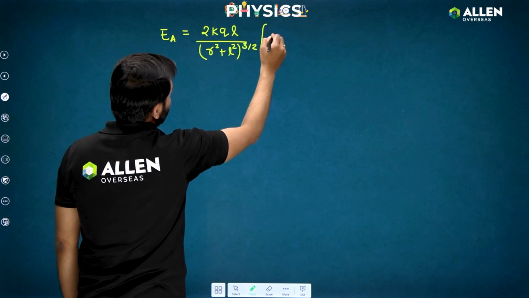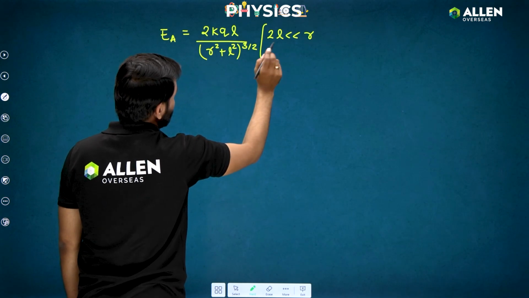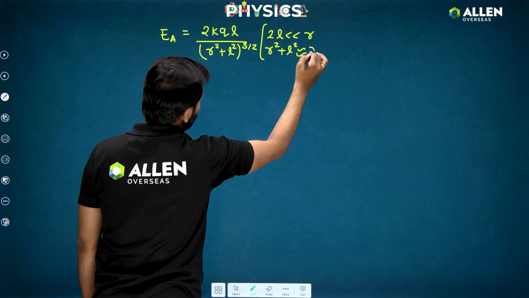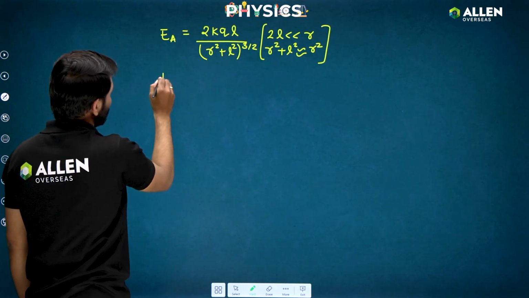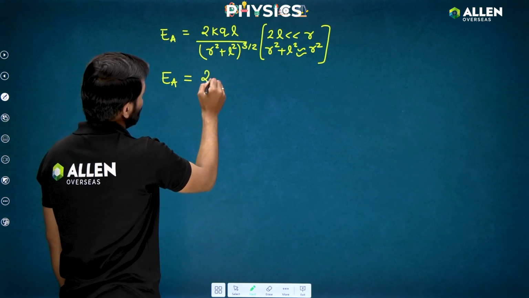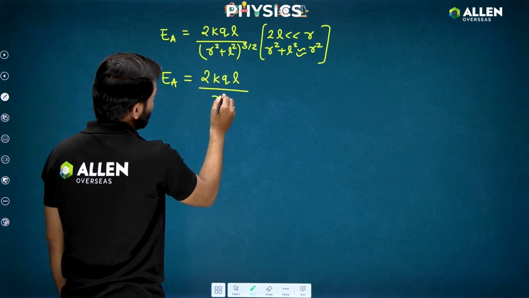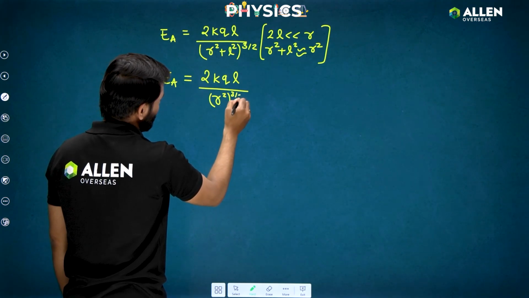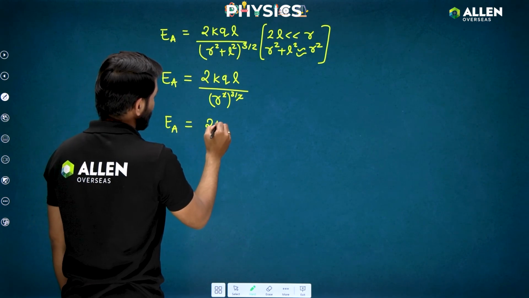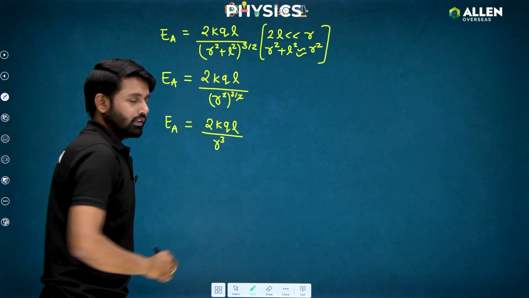And we know that 2L is very much less than R. So we can write R square plus L square as nearly equal to R square. Is that clear? So the electric field at point A is 2kqL divided by R square to the power 3 by 2. Here the 2 cancels, so EA is 2kq into L divided by R to the power 3, right?